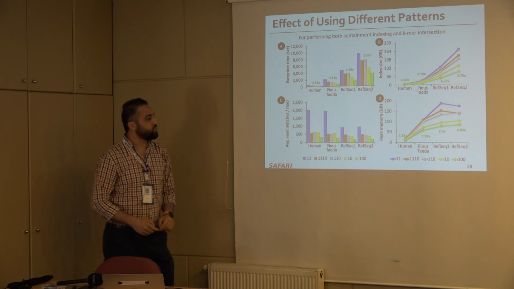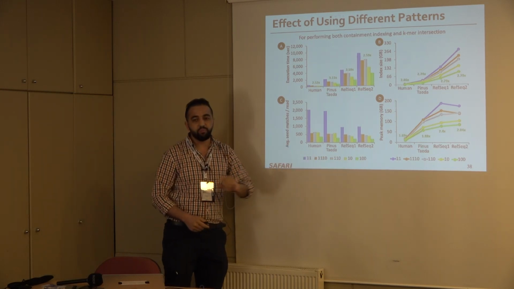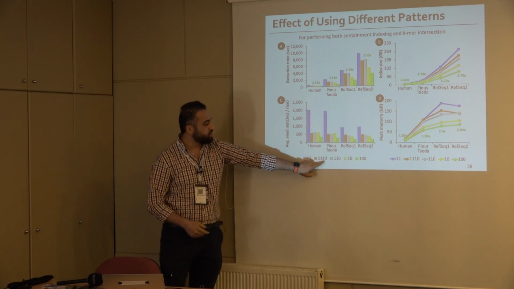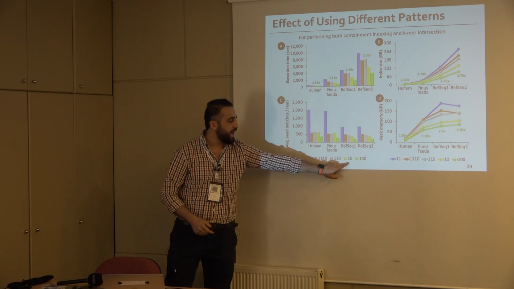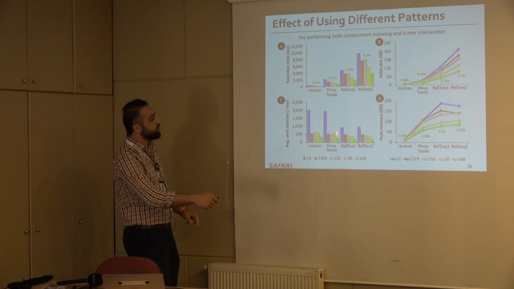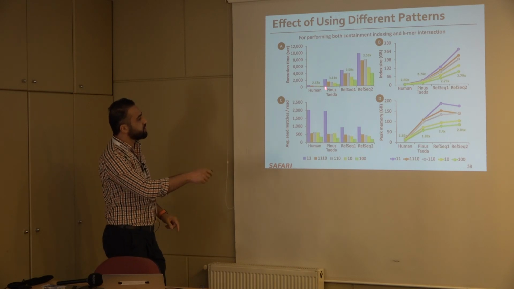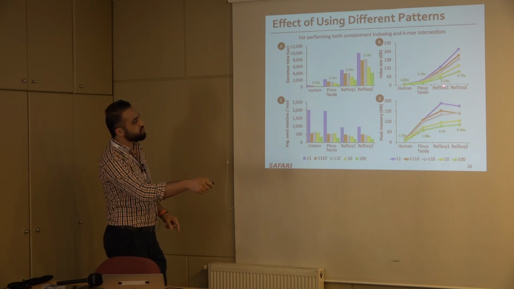Here are other results we presented in the paper. Here we vary the pattern specified by the user. So you can see here we drop 1/4 of the characters. Here 1/3, half, and 2/3 of the characters. And you can see as we drop more bases from the sequence, the execution time drops significantly compared to the original with no sparsification at all. The index size drops as well.